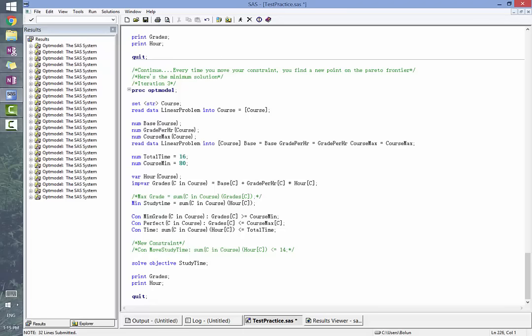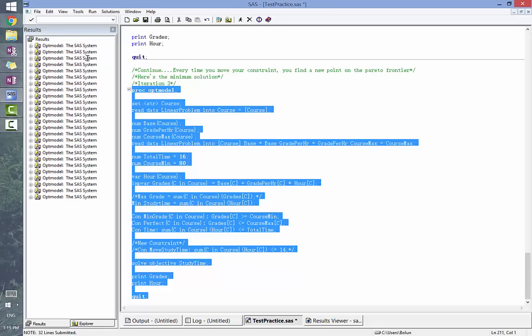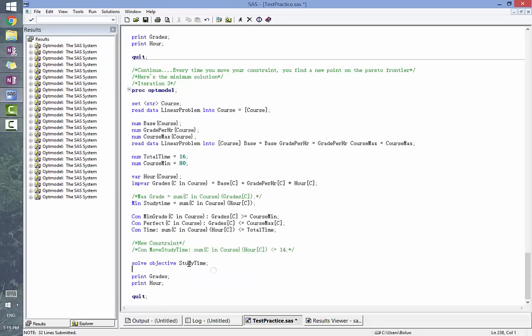So again, we have our linear optimization, everything up to this point, where instead of commenting out study time, we're going to comment out grade, and our new problem becomes minimizing study time. We still want to achieve at least 80 in the course, and run.